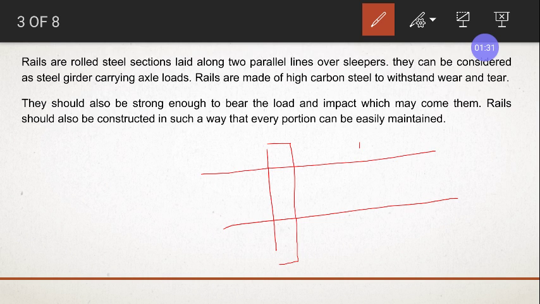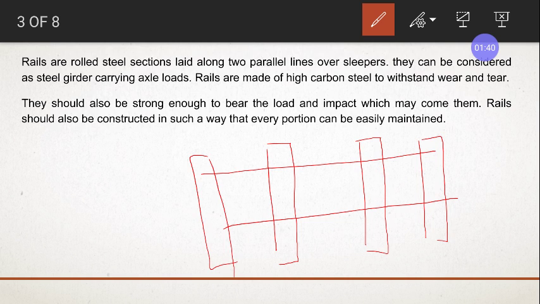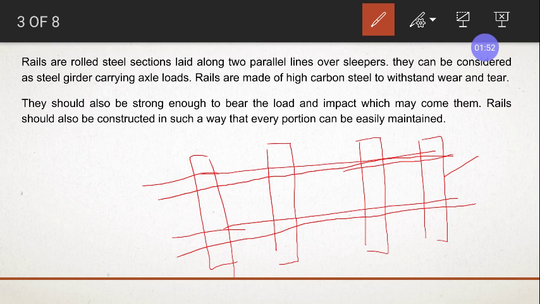These are your sleepers, and these are your rails.